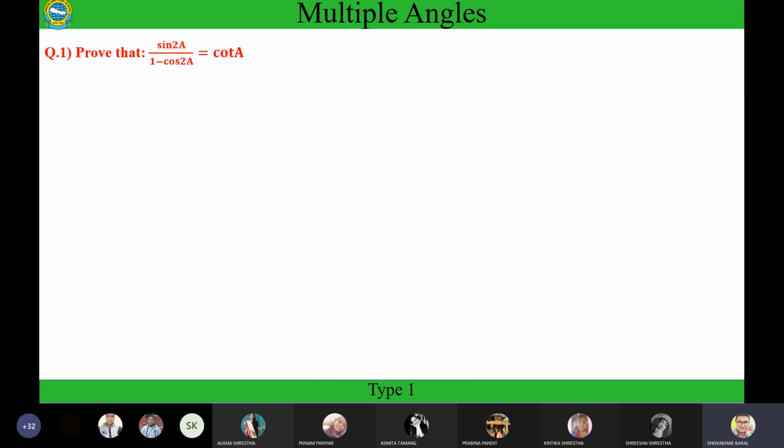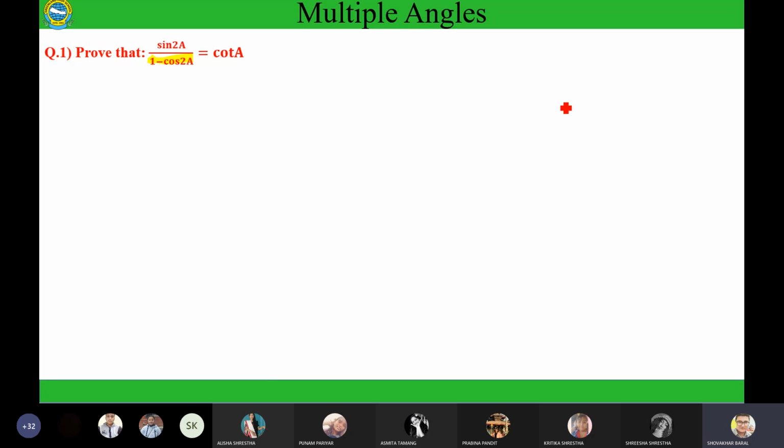Sine 2a upon 1 minus cos 2a is equals to cot a. Okay, so how to solve this question? Can anyone tell me what is the formula for 1 minus cos 2a? The direct formula we have.